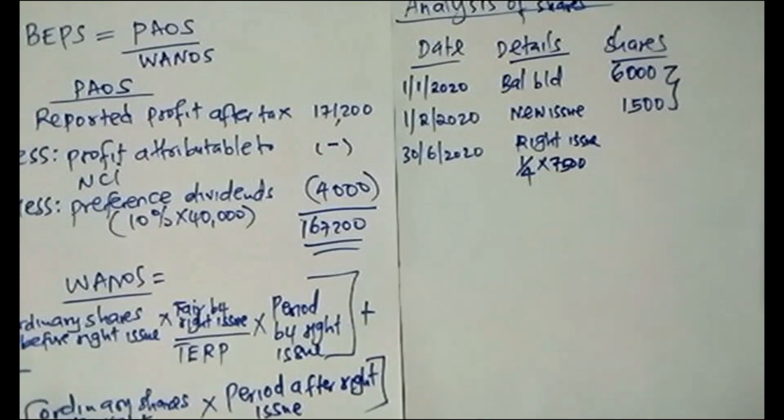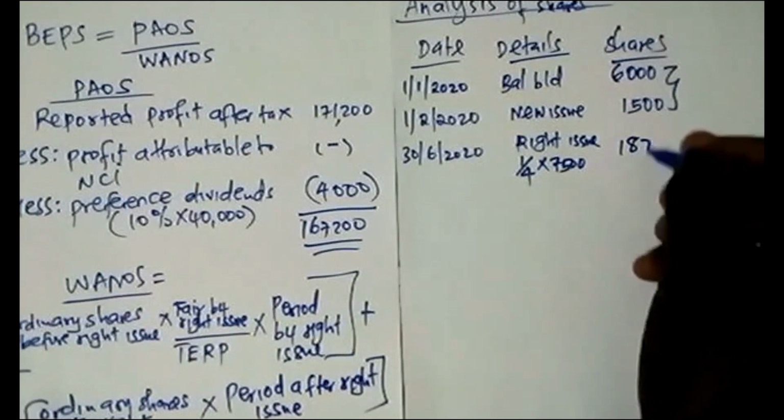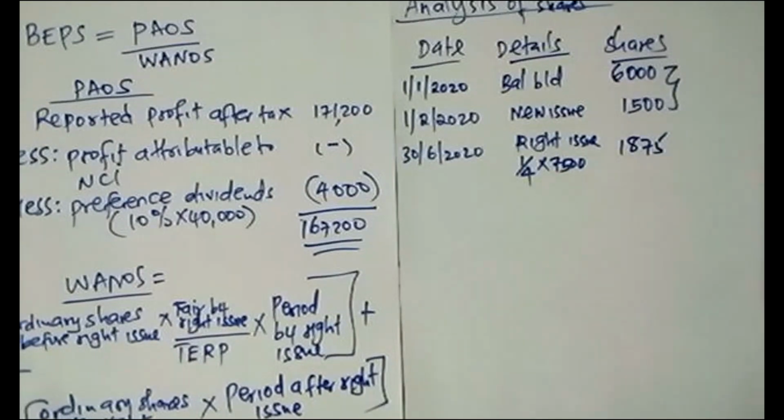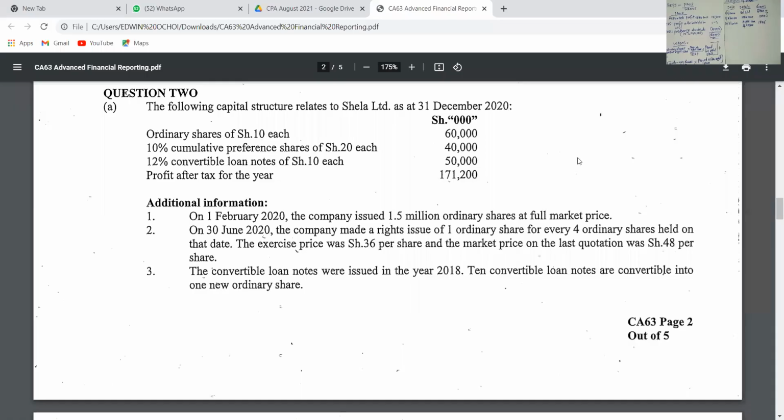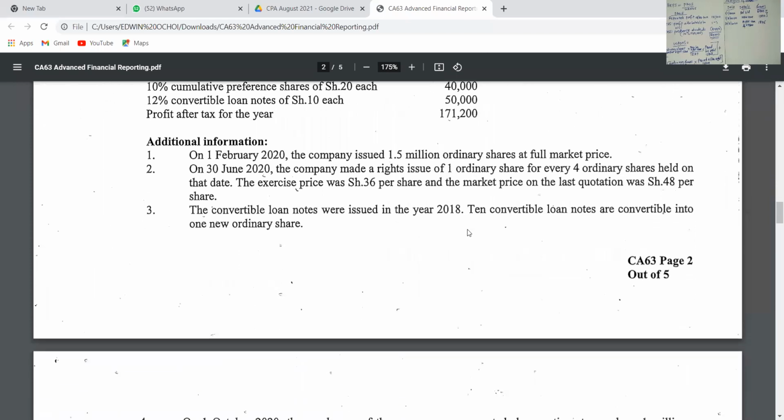So if I take my calculator, 7,500 divided by 4, I get 1,875. Those are the number of shares the entity issued through a right issue.